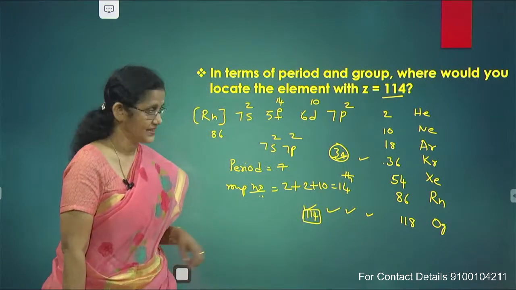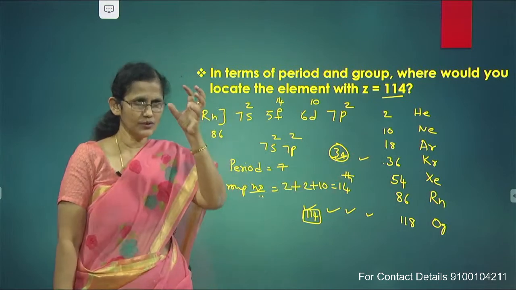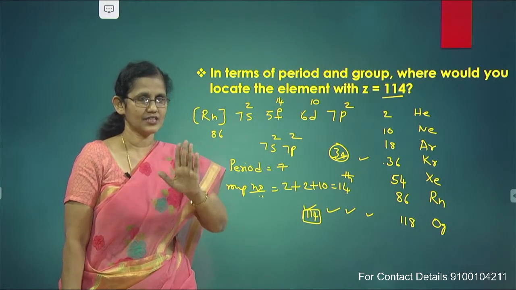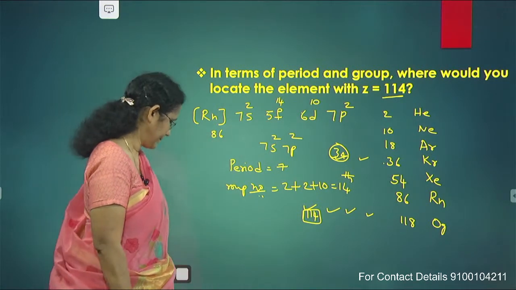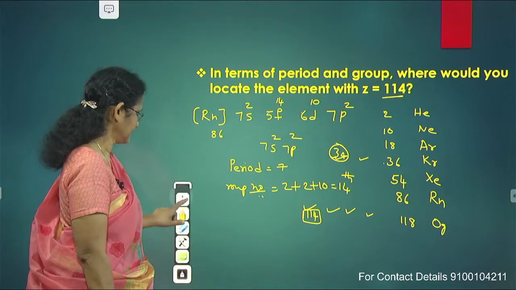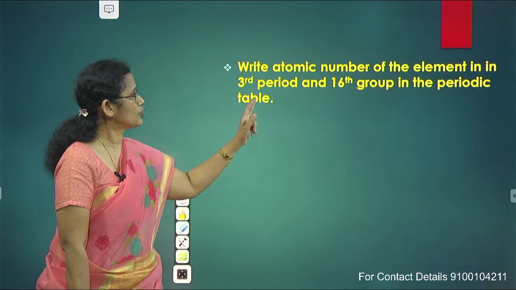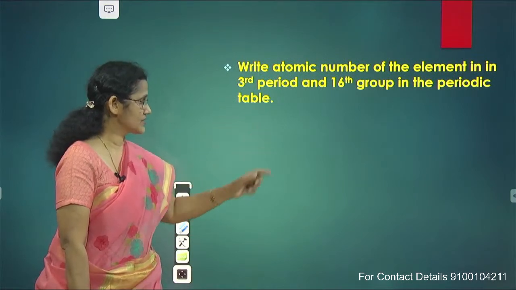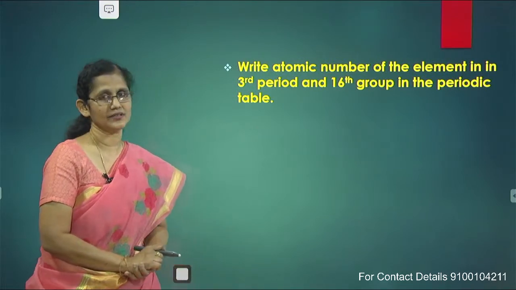In which period is it? 1, 2, 3, 4th period. So, if you know the noble gases, if you memorize their atomic numbers, we can tell with respect to them where our new element is. Now, see this question: write the atomic number of the element in the 3rd period and 16th group in the periodic table. 3rd period, 16th group.